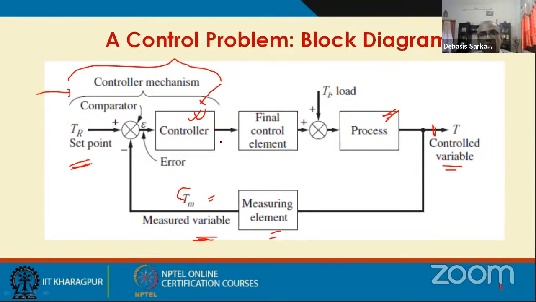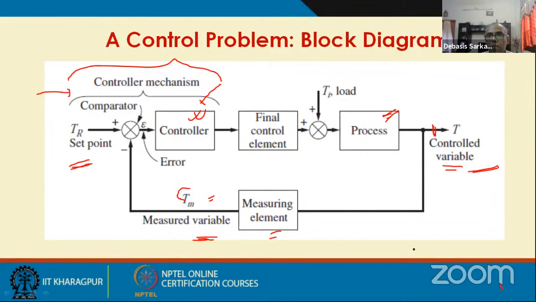That means if the temperature of the cold process stream, which is my control variable, is below the desired temperature, the controller would increase the flow rate of the hot process stream to attain that temperature.